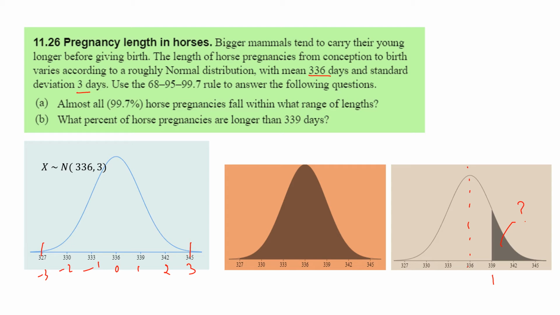Since this is the middle, the right hand side is 50 and the left hand side is 50. So this will be 50 minus 34, which is 16%. Here you are asked to find the percentage only, so you can write the answer as 16%. The answer for the first question is 327 to 345.